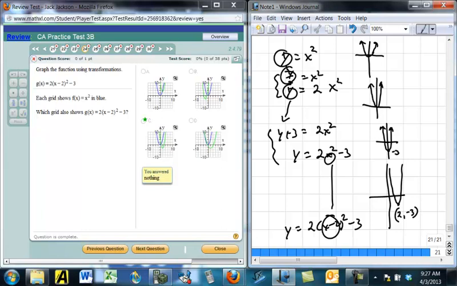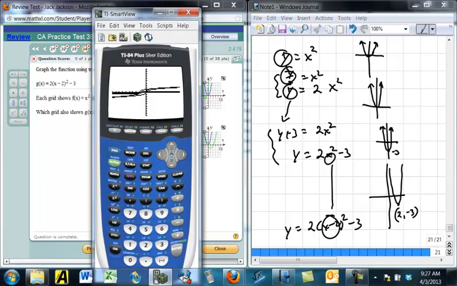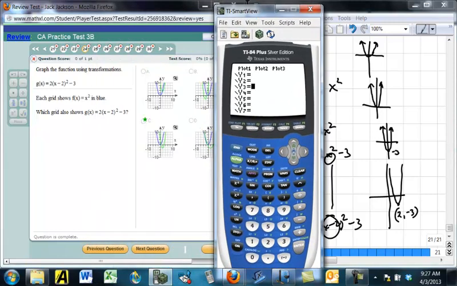This has got the right vertex, but it's wider or shorter. This one's the one that you want to see. Now, of course, all we really had to do was to graph these things. That might have been faster than thinking about all that stuff.